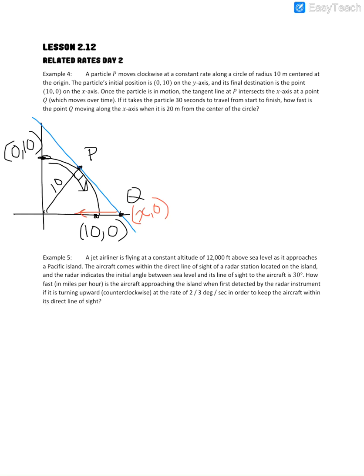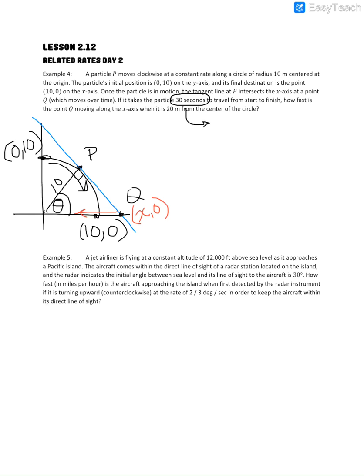So it says that it takes the particle 30 seconds to travel from start to finish. Okay, so we're going to start with that. This is our theta right here, and theta is changing over time, okay? As P moves, this angle is decreasing.